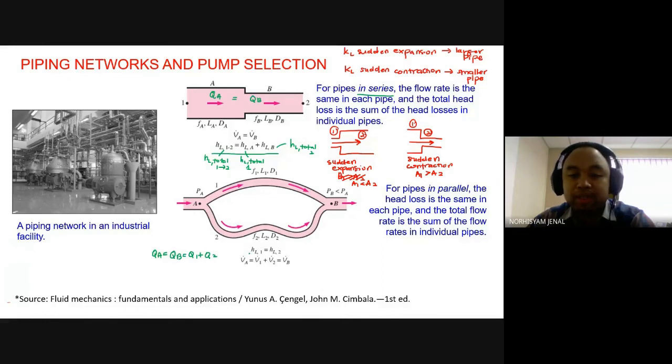The important part is this part over here: HL total 1 should be the same as HL total 2. For parallel, total flow rate is the sum of the flow rates in the individual pipes, and the head loss is the same in each pipe. So both of them must have the same head loss. I put it here, HL1 should equal HL2.